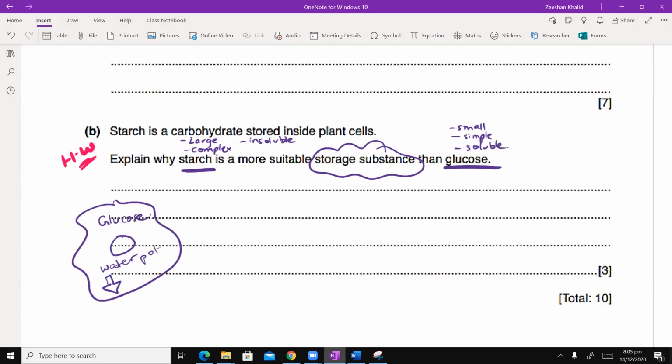And if there is higher water potential on the outside and lower water potential on the inside, guess what will happen? The water will keep on entering the cell and eventually the cell will burst.